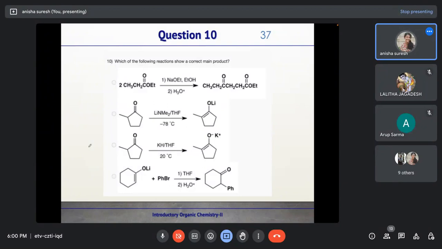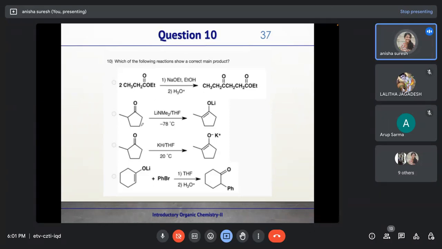They are asking in which of these reactions the correct product is shown. Second reaction is correct.